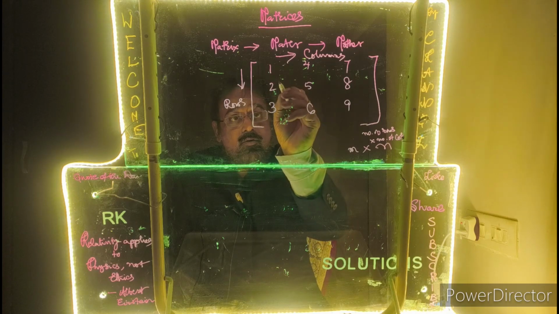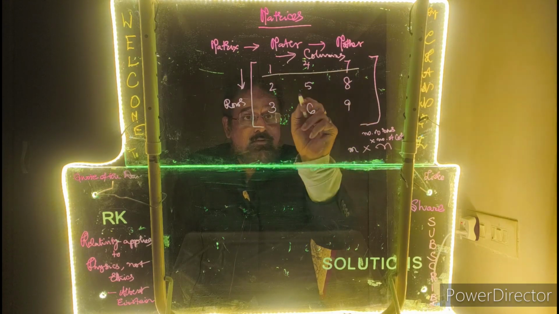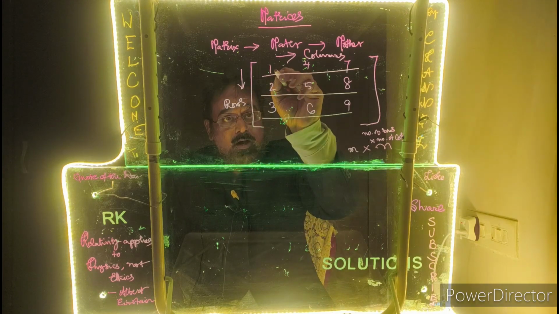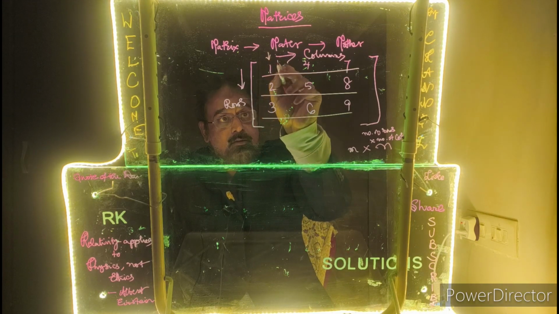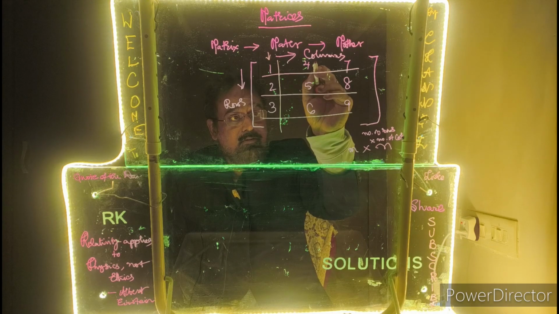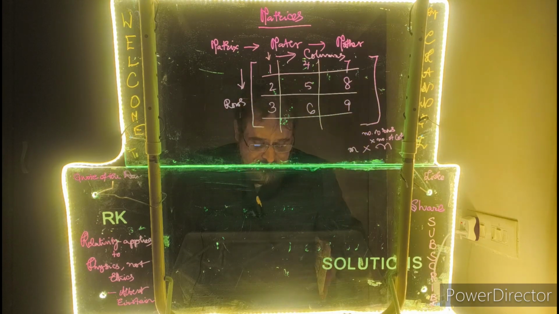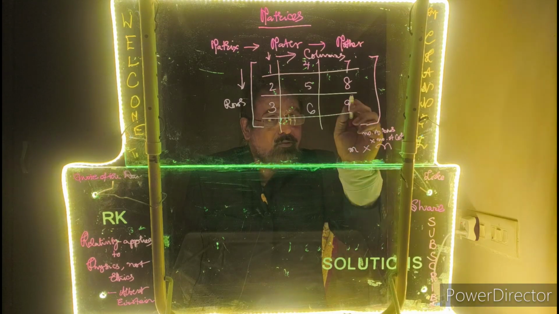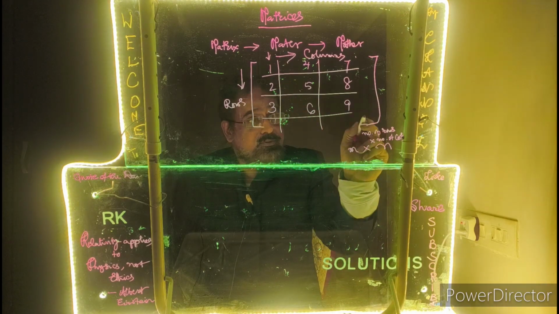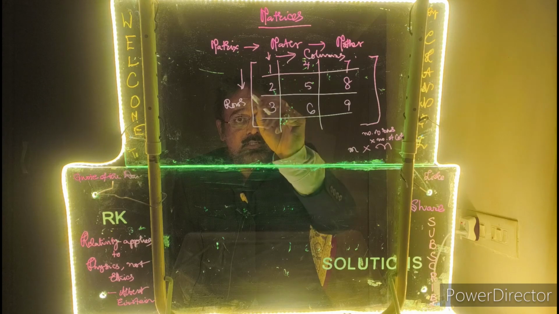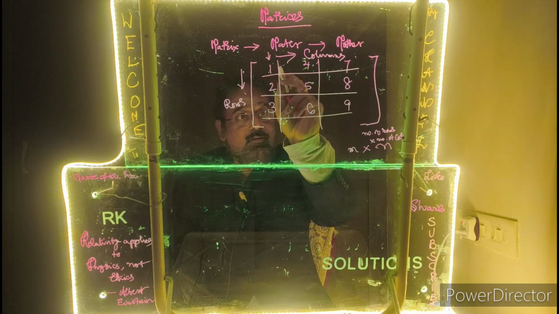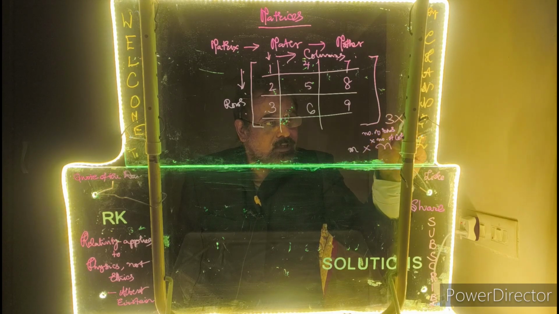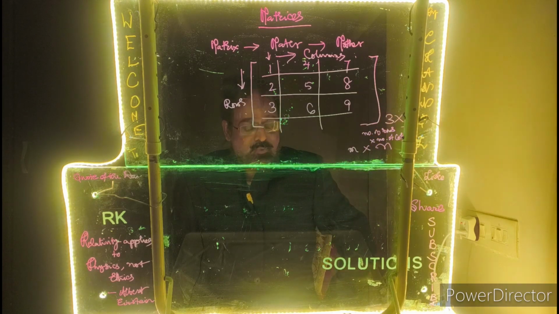So this is the first row, this is the second row, this is the third. Similarly, this is the first column, second column, third column. Since we have three rows and three columns here, we call this a 3 by 3 matrix. Okay?